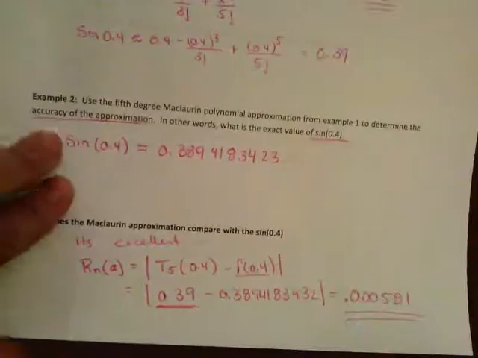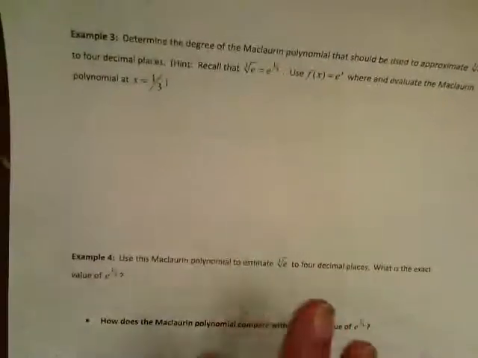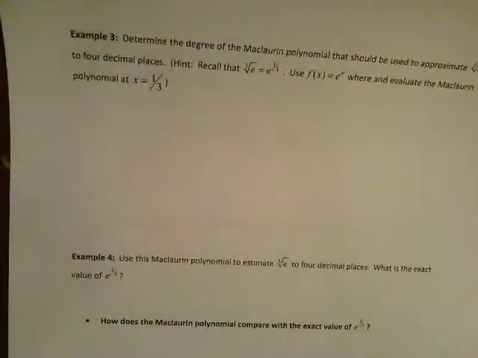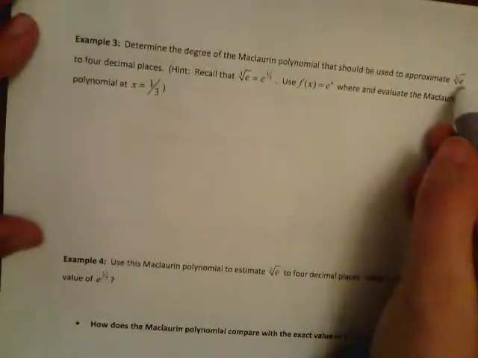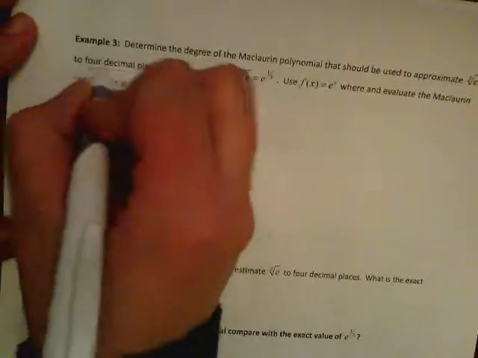Alright, let's do another example. This says determine the degree of the Maclaurin polynomial that should be used to approximate the cube root of e to 4 decimal places.